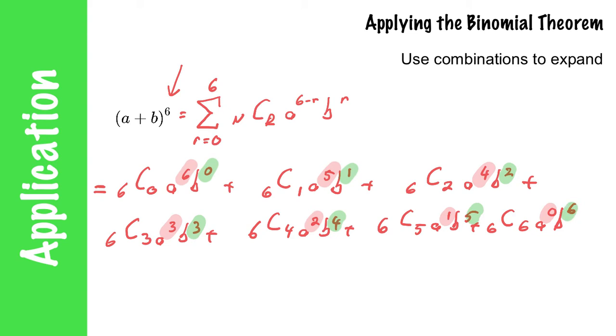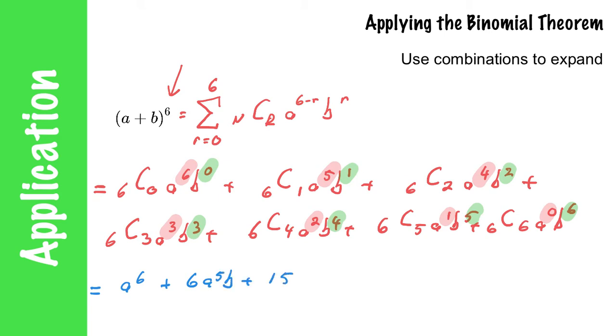All right, so now I'm going to tidy up the equation here and solve it. So this is a to the 6th, because 6 choose 0 is 1, and b to the 0 is also 1. And then 6 choose 1 is 6. So we have 6 a to the 5, b. I'll just continue.